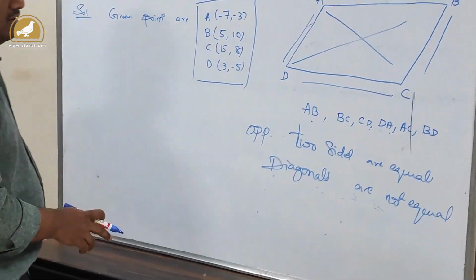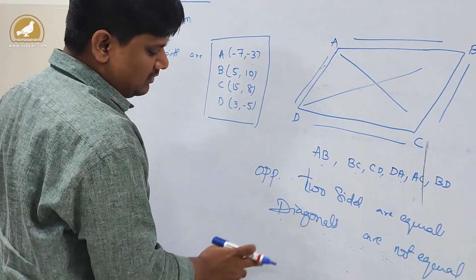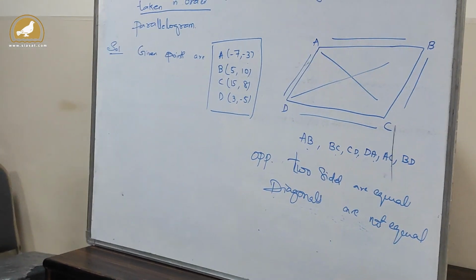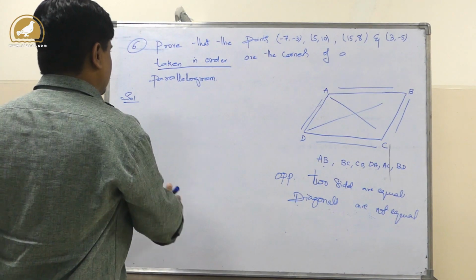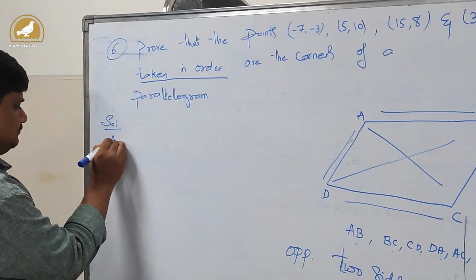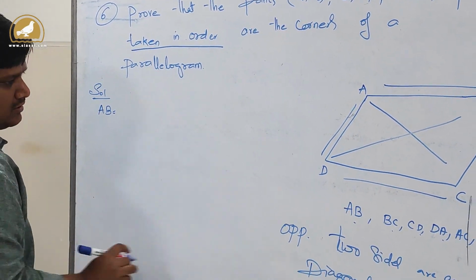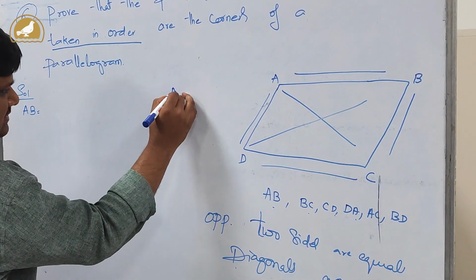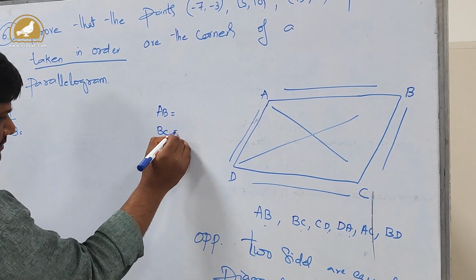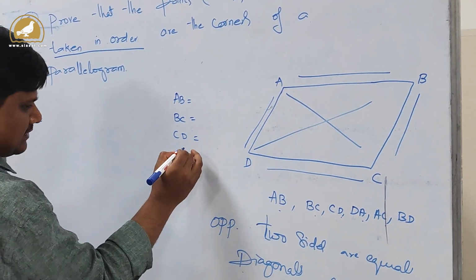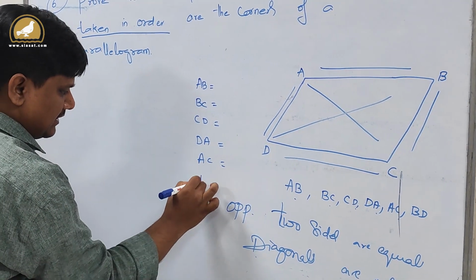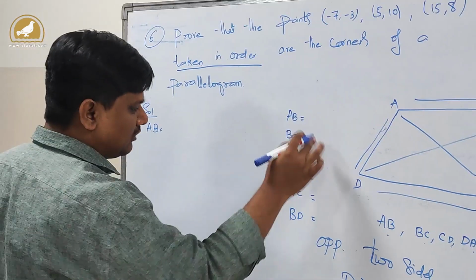We have to prove that opposite 2 sides are equal, diagonals are not equal. So let us begin. First we will calculate the distance between A and B. We will keep here all the distances: AB, BC, CD, DA, AC, and BD. We will calculate all these distances.